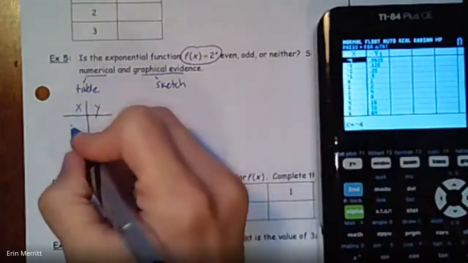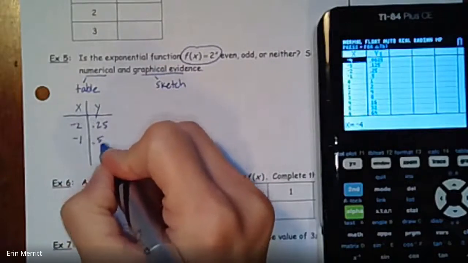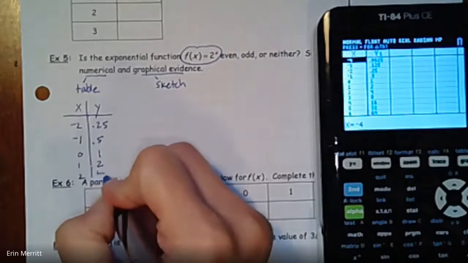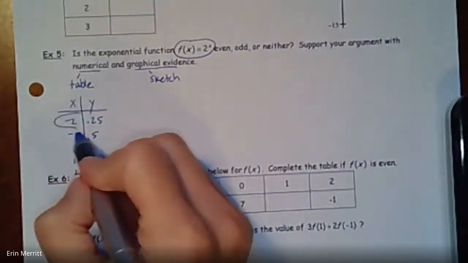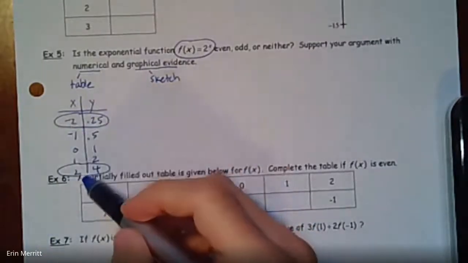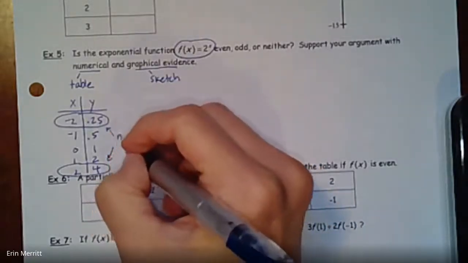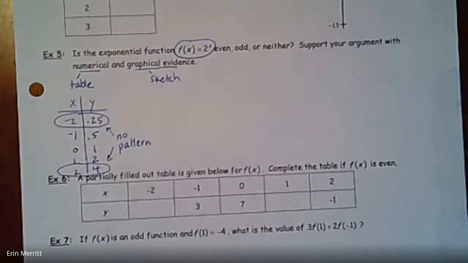So if I look at -2, I've got 0.25. -1 is 0.5. 0 is 1. 1 is 2. 2 is 4. All right. So right there, if it's even or odd, I'd want to look at a pair of opposite x's. So -2 versus +2. If we look at the y values, there's no pattern here. So right now it's looking like it's probably not even or odd.